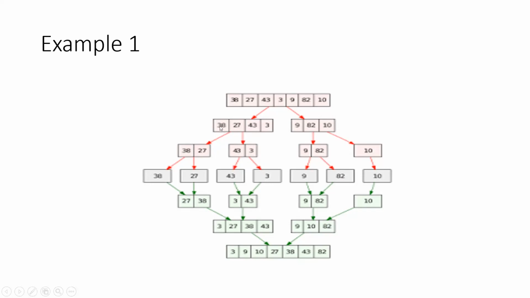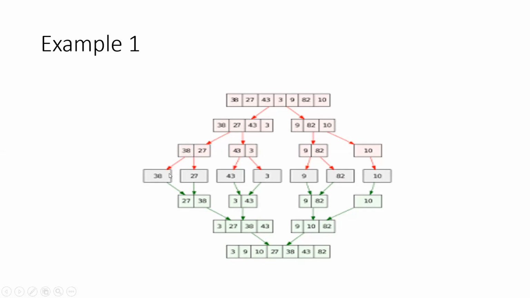Then this left sublist has 4 elements, and out of 4, again it will get divided into two halves, 2 on the left side and 2 on the right side. And what about these 3? 2 on the left side and 1 on the right side.